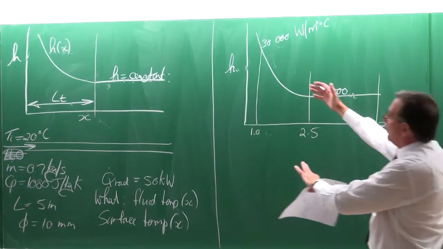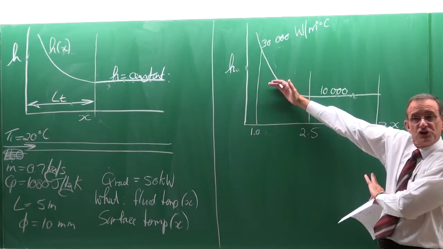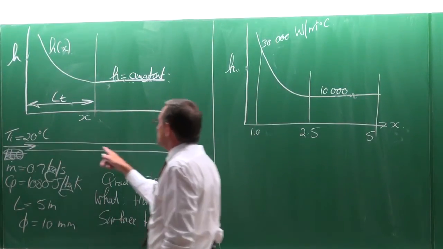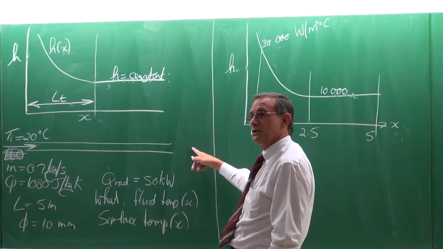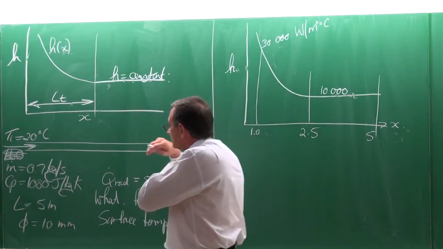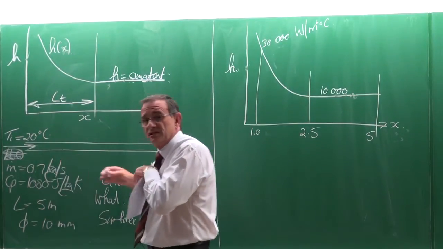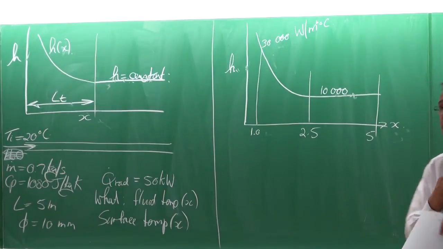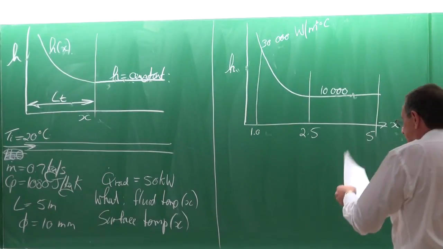Now for this example, where I've now given you the heat transfer coefficients, go and calculate for me the average fluid temperature, the mean temperatures, and the surface temperature at 1 meter, 2.5 meters, and at 5 meters. Those 3 points.